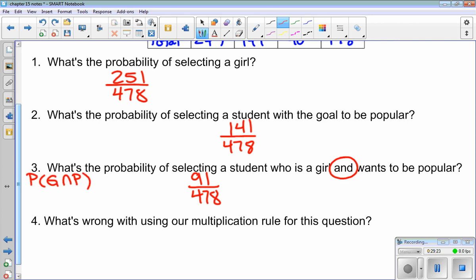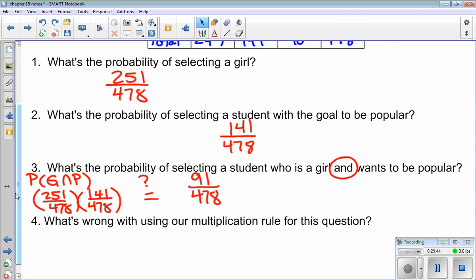Okay? So girl is 251 out of 478. Popular is 141 out of 478. Are those two things the same? Let's test it. Go ahead and type them into your calculator. Tell me what they are. We'll give them as decimals to compare here. And let's figure out what they are.